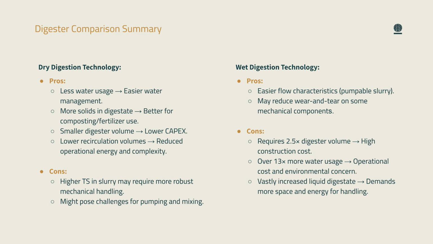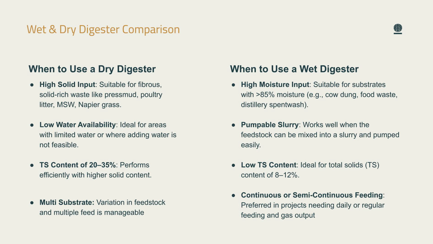However, it can be used only for substrates having high solids. If the solids are very low, for example dairy effluent, spent wash, or pharma effluents, which are 8 to 12%, that requires a wet digester. So they cannot be used in a dry digester. So when to use a dry digester, and when to use a wet digester? Of course, the answer is simple.